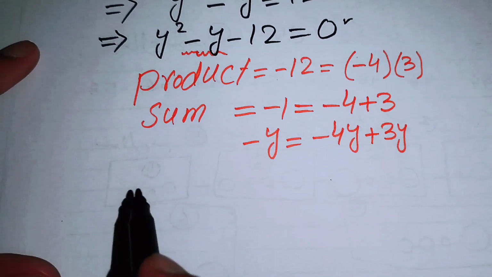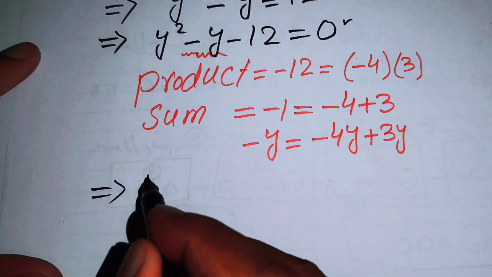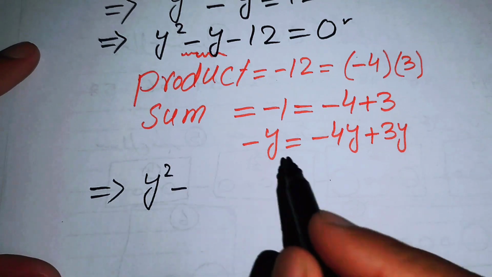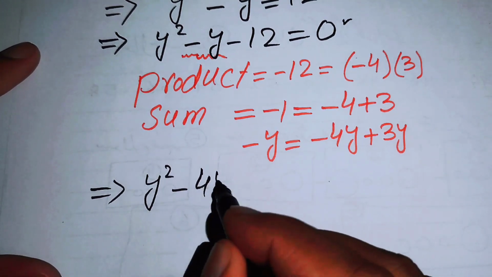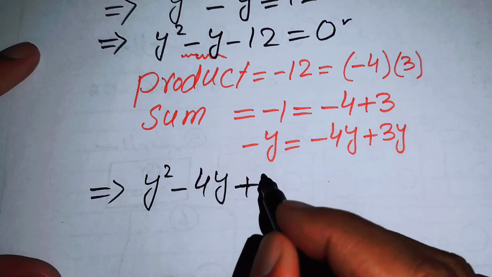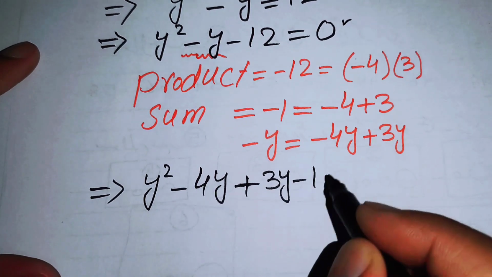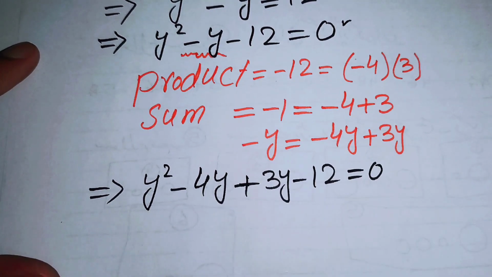So this quadratic equation will be written in the form of y squared minus 4y plus 3y and minus 12 is equal to 0.